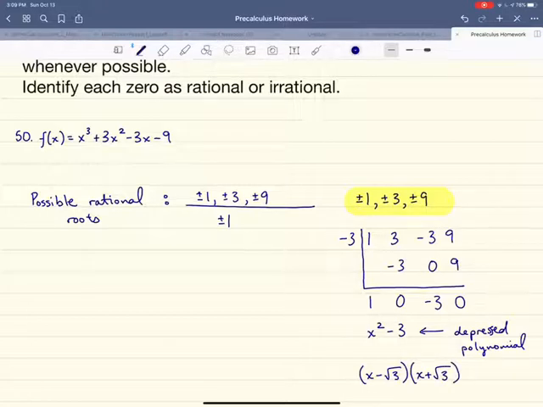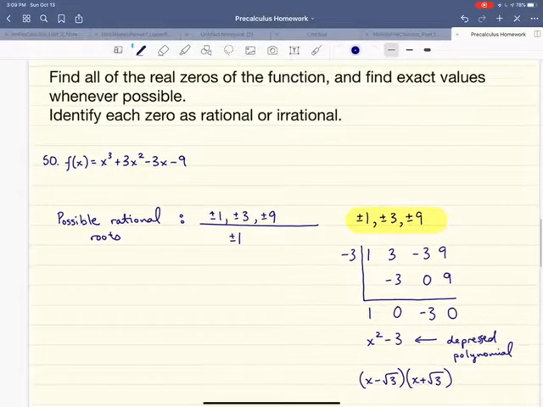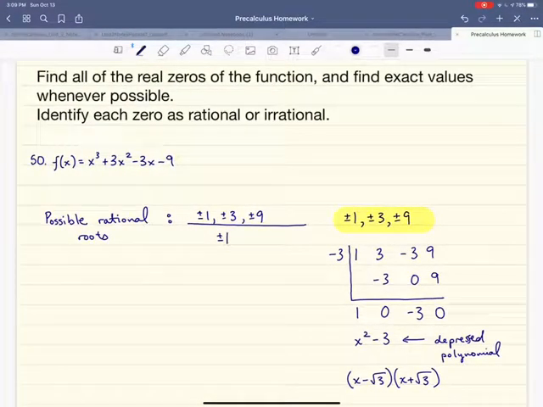This is a difference of squares factorization where you're thinking of 3 as the square of root 3. So this means that the real zeros of the function are negative 3 and plus or minus root 3. Negative 3 is rational, and root 3 as well as negative root 3 are irrational.